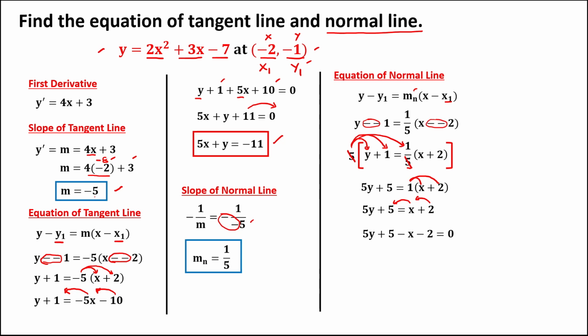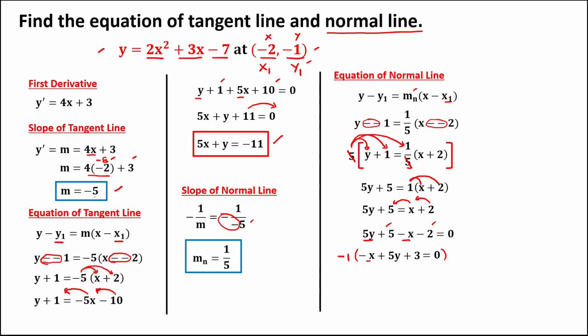Then arrange this equation, starting with x and combining like terms. So we have negative x, positive 5y, and this positive 5 minus 2 is positive 3 equals 0. Since x is negative, we need to multiply the whole equation by negative 1 to make this x positive.